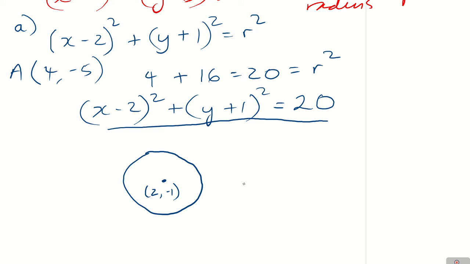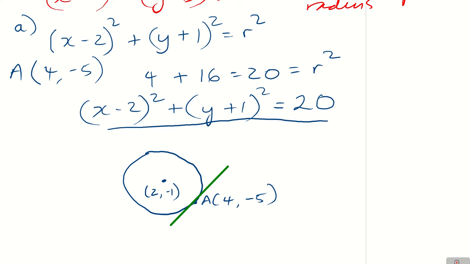Now we're told that the point A is at the point (4, -5), so let's say it's there. Right, that's A. We want the equation of the tangent. Now the tangent, I'm going to try and draw this. It will be a straight line, and it will go something like that.